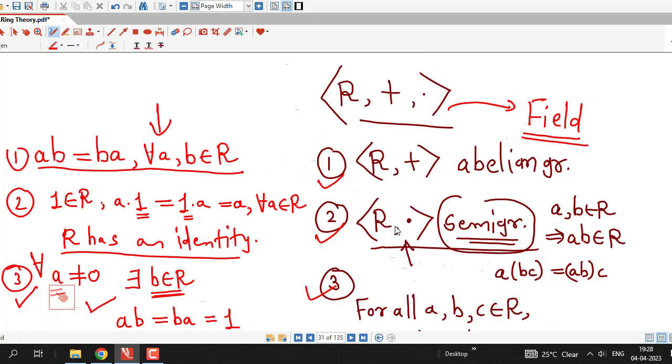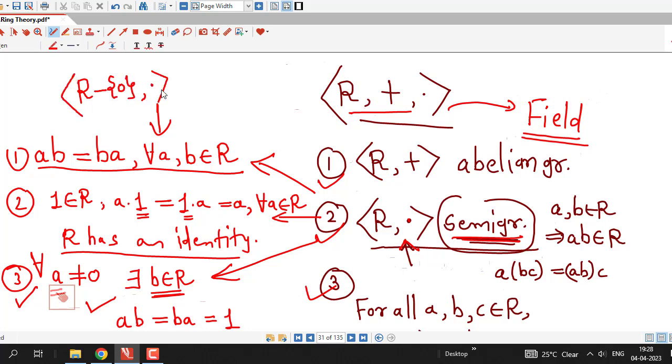Now we can observe that in the definition of a ring, we require that ring R with multiplication operation is a semi-group, and for a field we require these three extra conditions. So you can see if these three extra conditions are satisfied for the multiplication operation, then R minus 0 with multiplication operation becomes an abelian or commutative group.